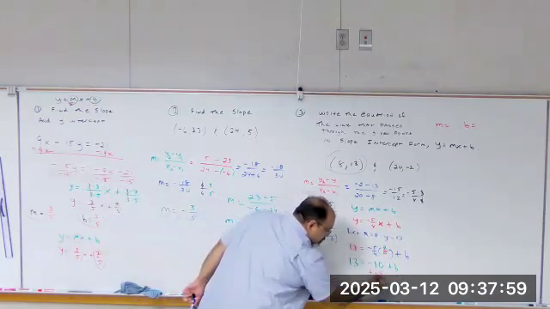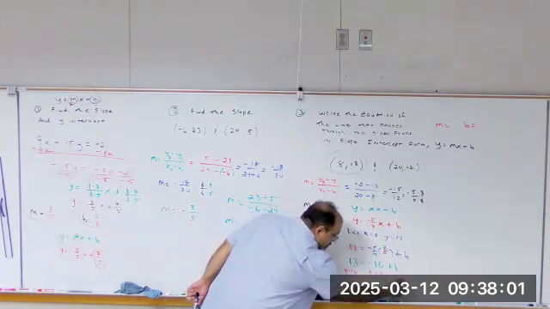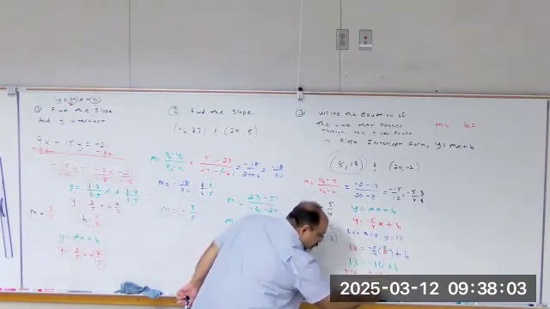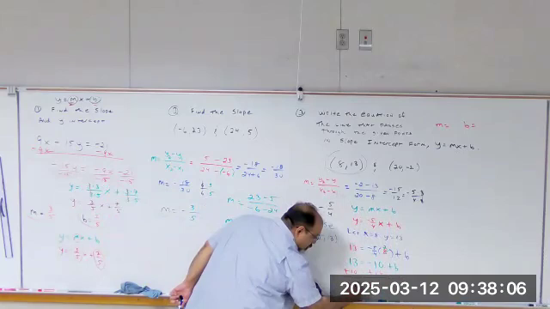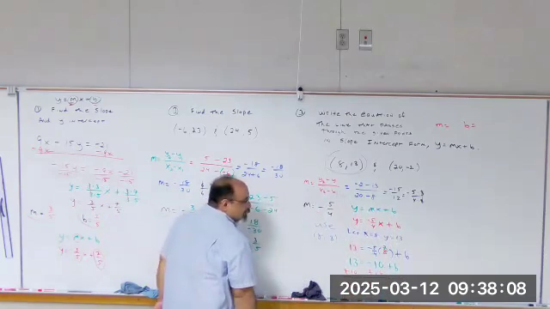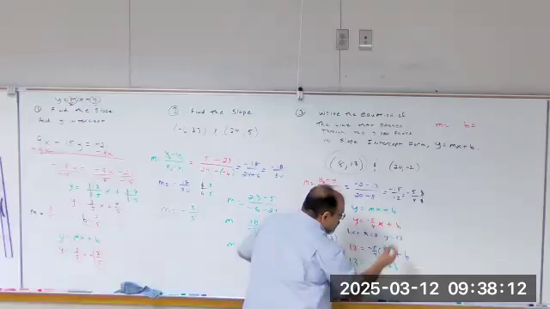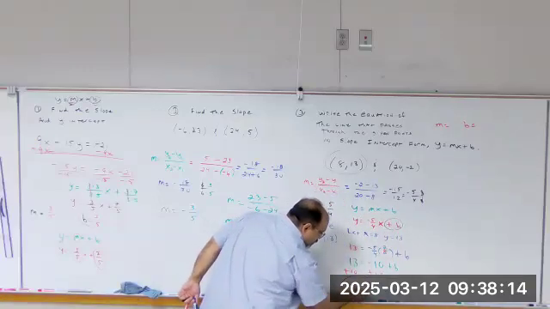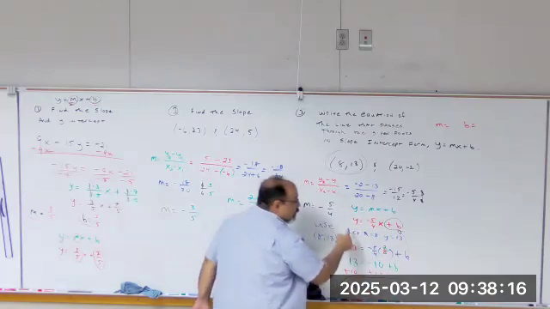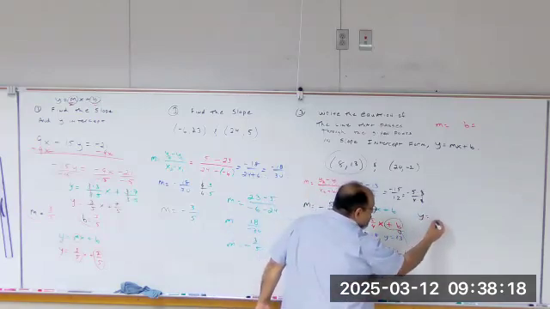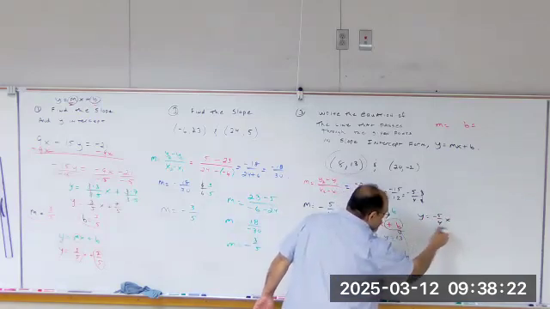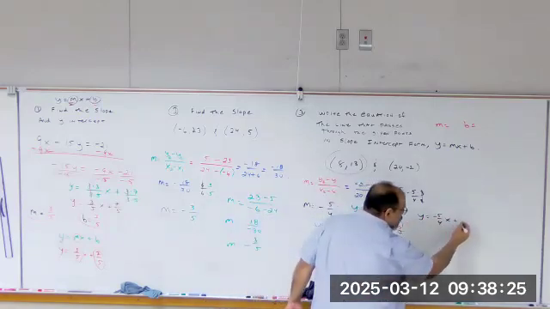Add 10. So b is 23. And that's what we were missing here. We needed to know what the b was. And we just found out that it's 23. So the final answer: y is equal to negative 5 over 4 x, and that b is a plus 23.